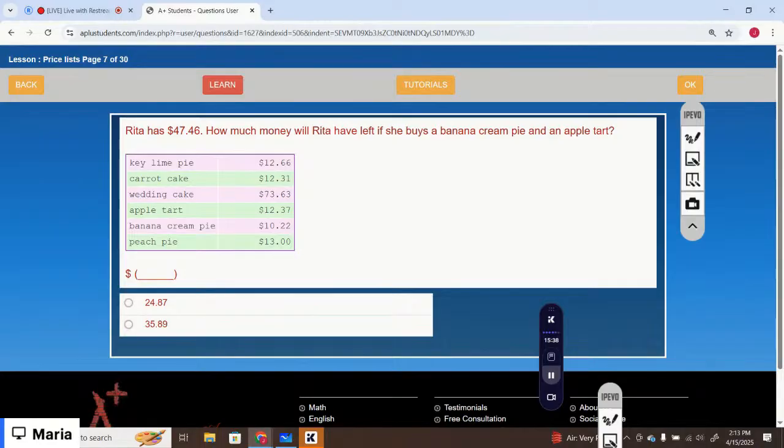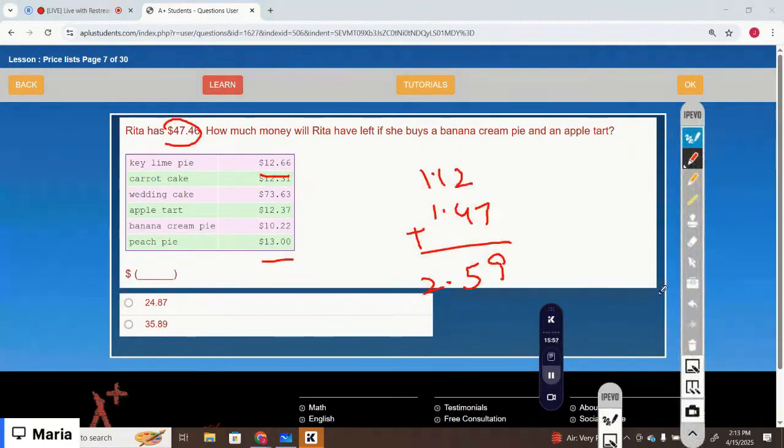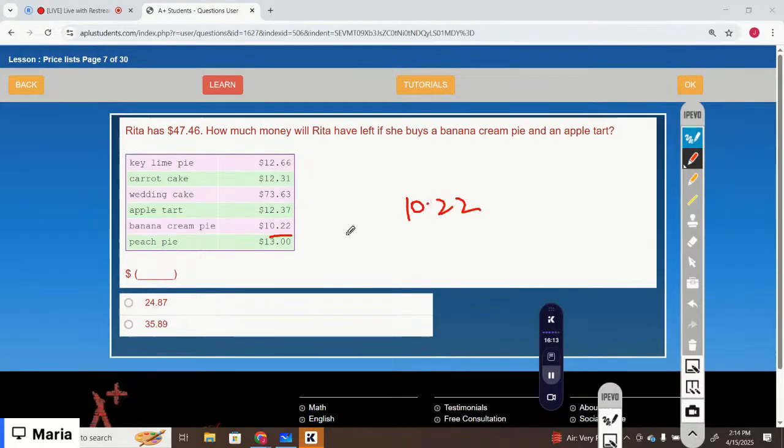Rita has $47.46. How much money will Rita have left if she buys a banana cream pie and an apple tart? The banana cream pie is $10.22 and the apple tart is $12.37, so the total is $22.59.